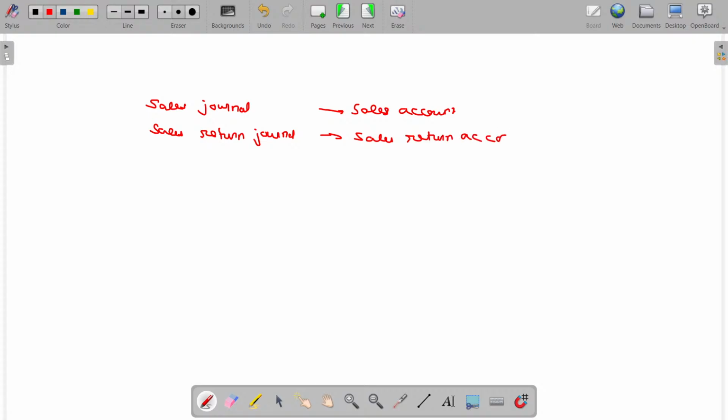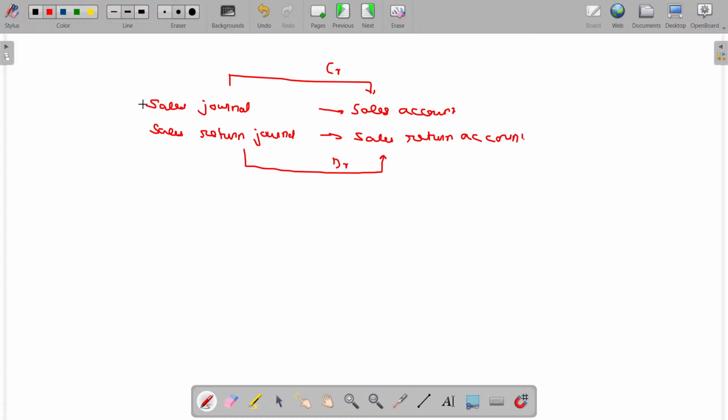Right. The total of the sales journal value will go to the credit side of the sales account. The total of the sales return journal will go to the debit side of the sales return account.